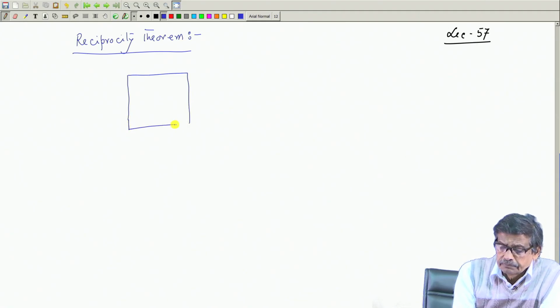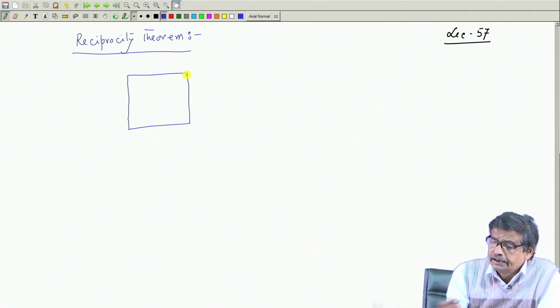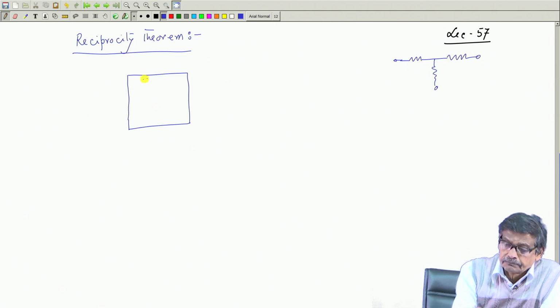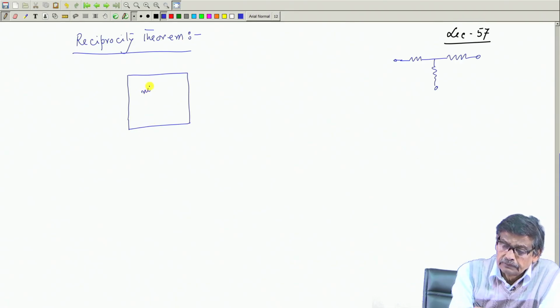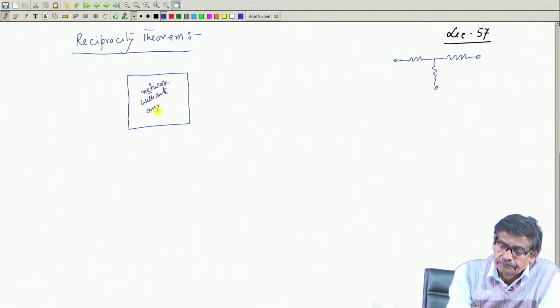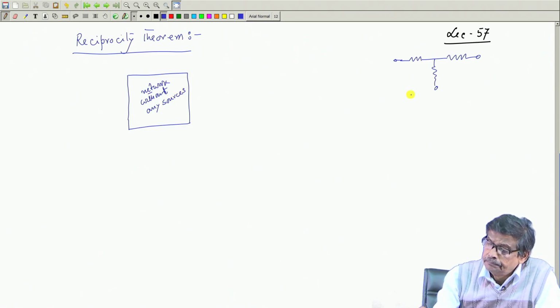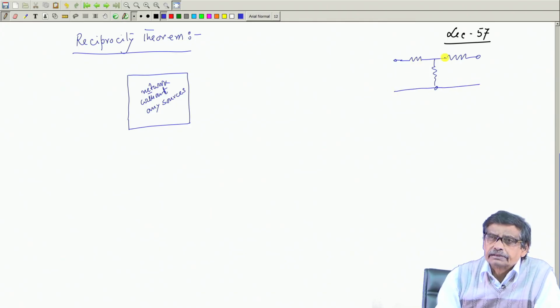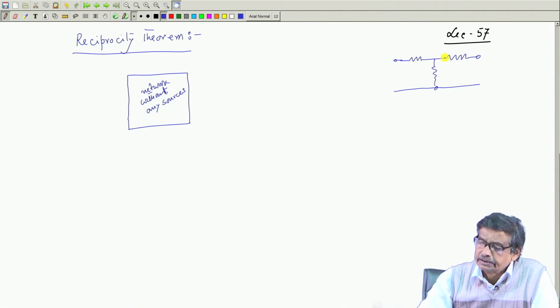Inside the box, these networks are there. Inside the box, what could be the things? It could be a network, for example, like this, without any sources. So, a network without any sources inside, and for example, this could be inside, and there could also be impedances with no initial conditions and things like that.